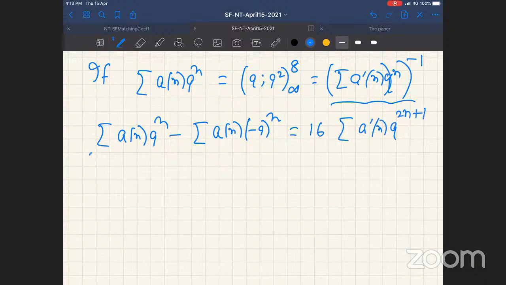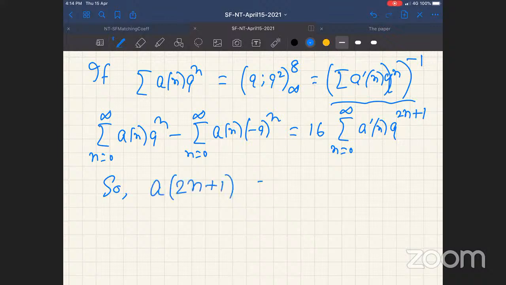Okay, so here the limit is 0 to infinity, and it immediately follows, by equating the coefficients of the odd powers of q, that a(2n+1) is equal to, with a minus sign here, −8 a′(n).